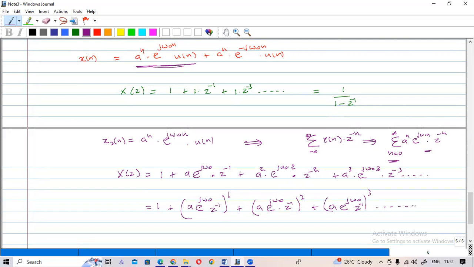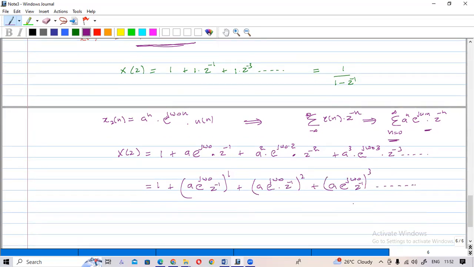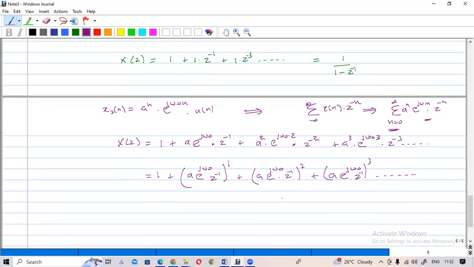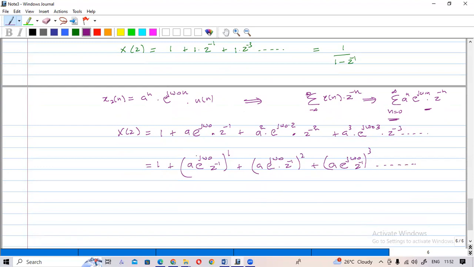Now if you compare this with the earlier one, instead of z^-1 there, you will have all these terms here. So instead of z^-1, you will have this whole value.